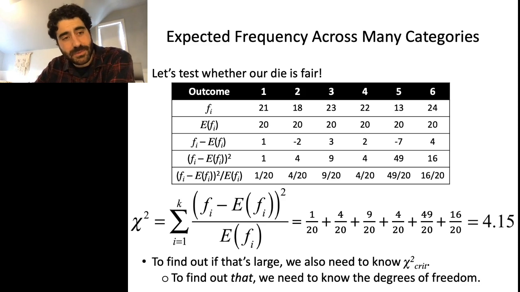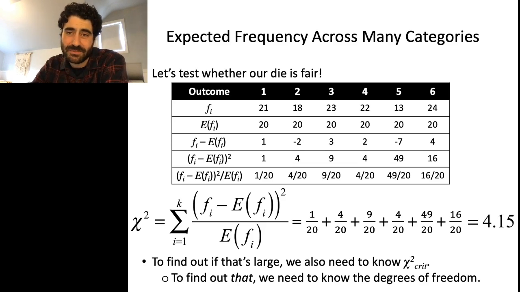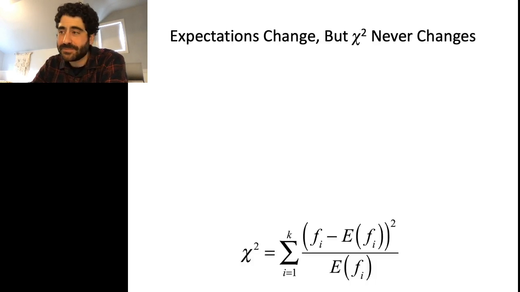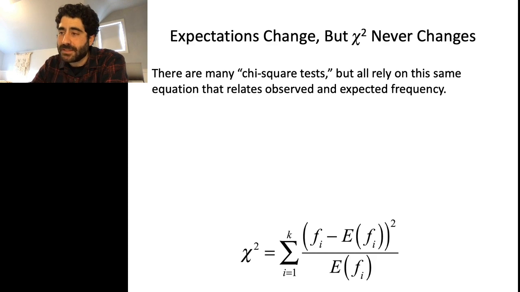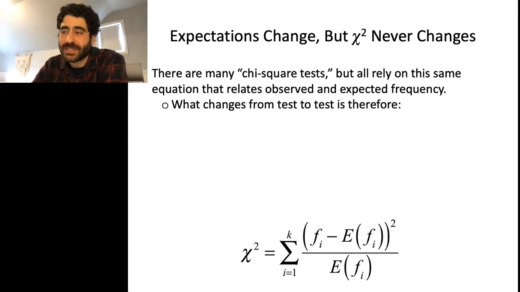Just like with many of these tests we're doing and will continue to do, we need to know the degrees of freedom. There's actually more than one chi-squared distribution, and we need to know which one we're using. There are a bunch of different kinds of chi-square tests.